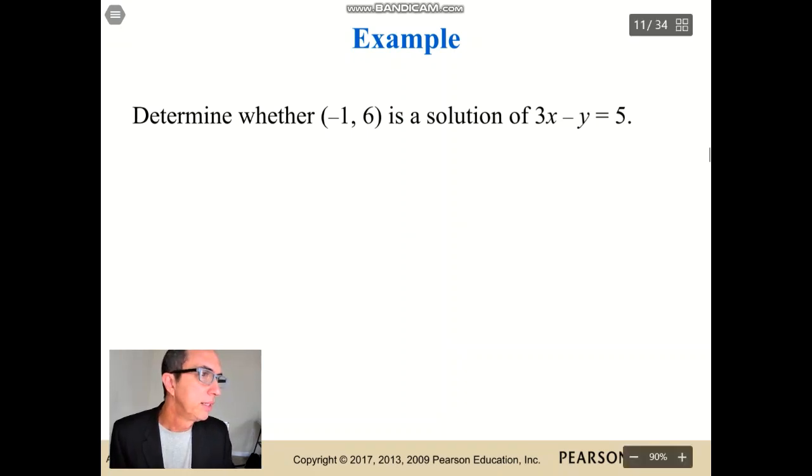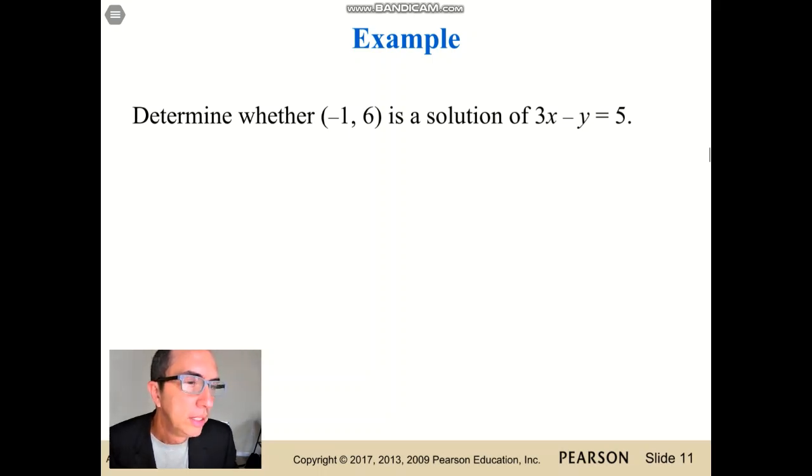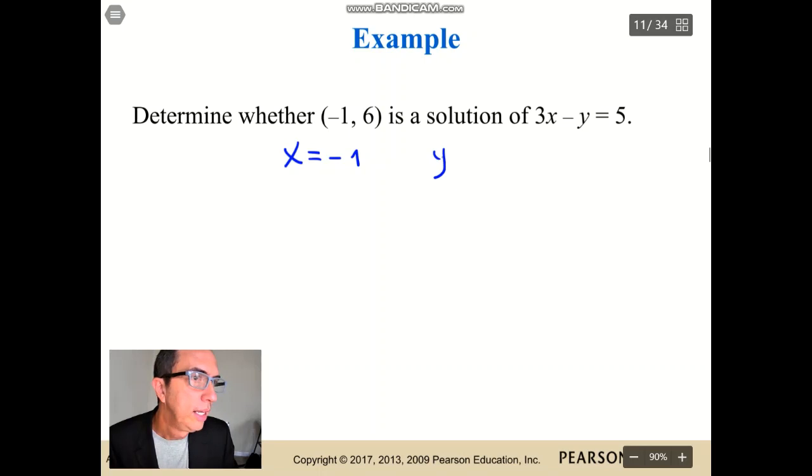Determine whether the order pair -1 and 6 is a solution of 3x minus y equals 5. So let's work this out. X equals -1 and y equals 6. Plugging on the equation, 3 times x, -1, minus y, 6, equals 5.